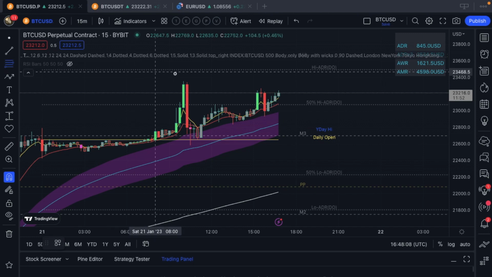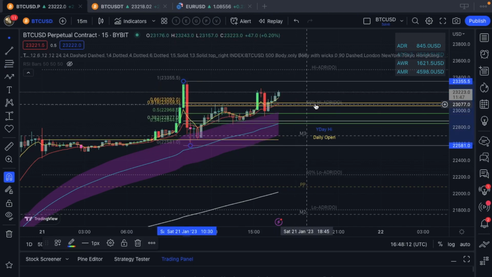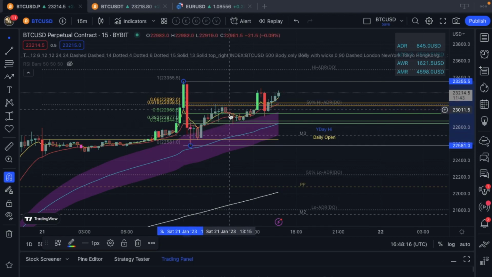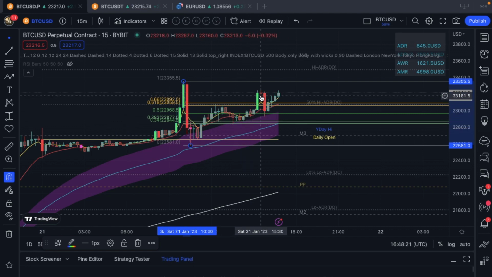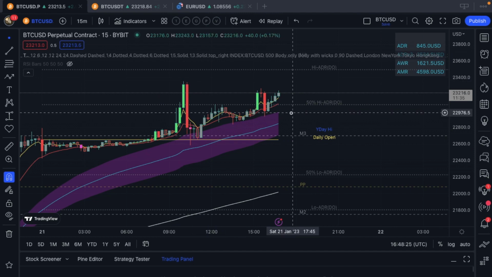Come on now. 50% right inside the golden pocket. We came up into it, bounced down, 382, back up. So very, very decent scalping today.